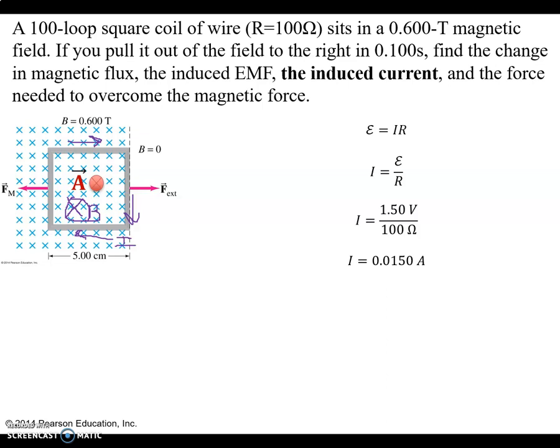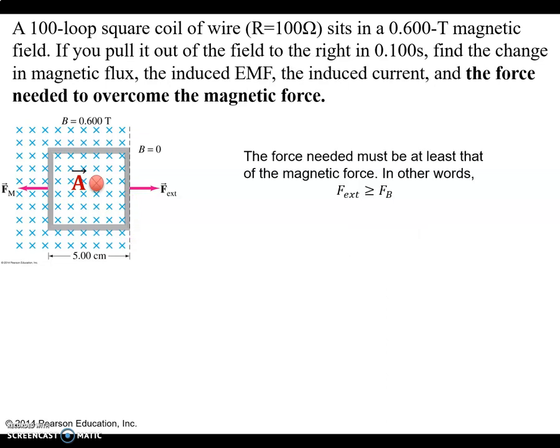Let's go to the last point of this question, which is the force needed to overcome the magnetic force. Now, the force that you apply to extract the loop from the magnetic field must be at least that of the magnetic force. In other words, your applied force needs to be greater than or equal to your magnetic force.